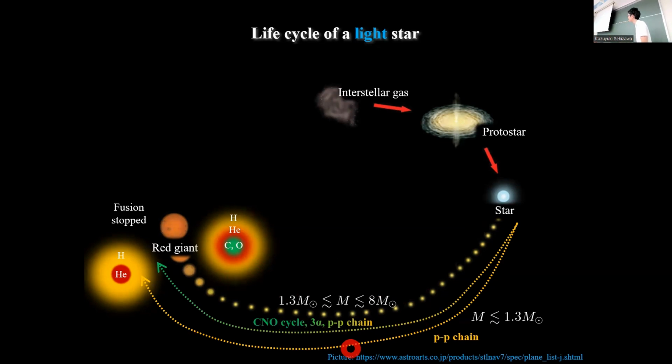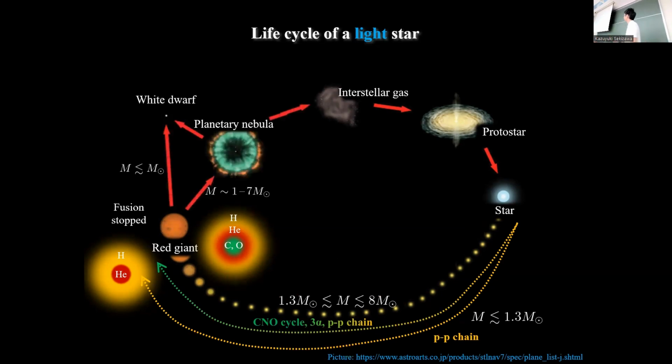A light star cannot go further. After formation of this carbon or oxygen core, the fusion reaction stops and it gradually decays into a planetary nebula or gravitationally collapses into a white dwarf.